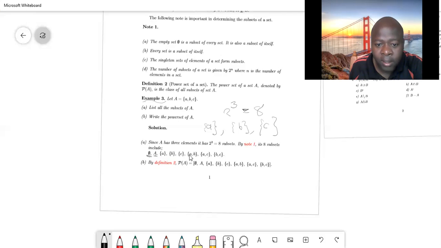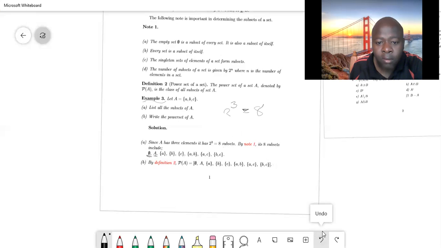Once you have all the subsets, just putting them inside a bracket like this means the class. So that becomes the power set.